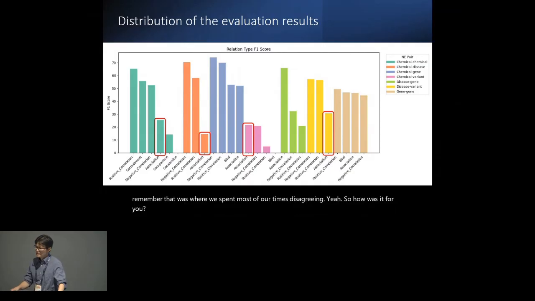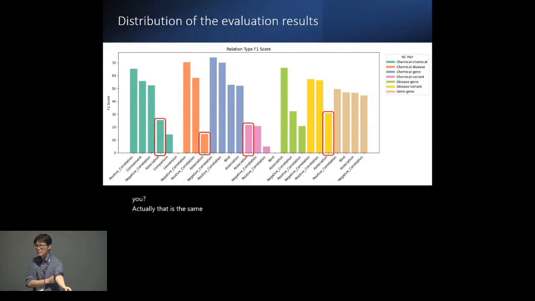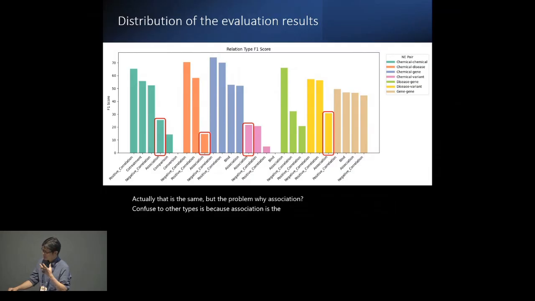Yeah, actually, that is the same. But the reason association is confused with other types is that association is the major relation type, so everything the model cannot make a decision on mostly comes to association. So the error is not because of association itself.